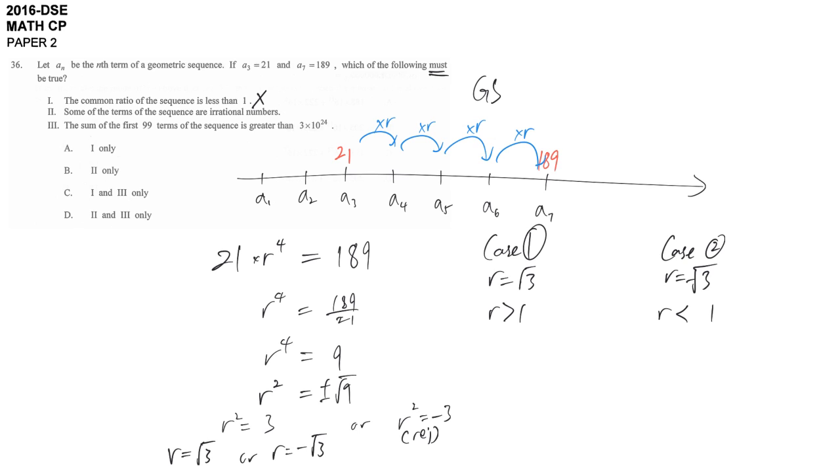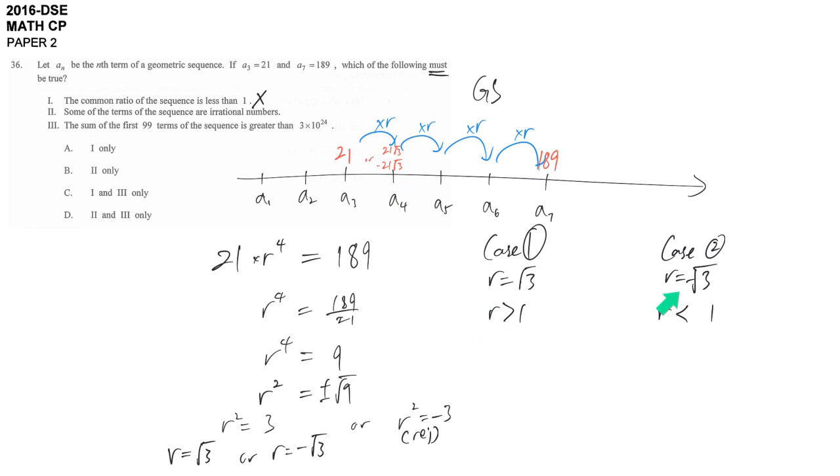And then about the second statement, we have to find out whether some term is irrational. It's because our ratio is an irrational number. So if we consider the starting point 21 and multiply by square root 3, it becomes 21 square root 3 or negative 21 square root 3.